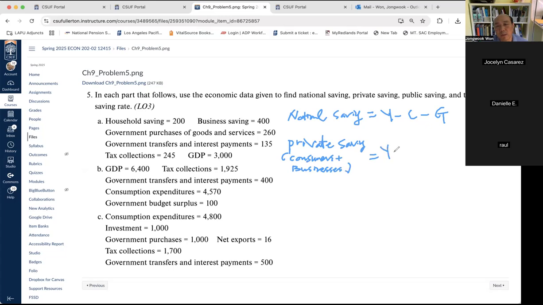That is Y minus T, because we have to pay tax, minus consumer expense.